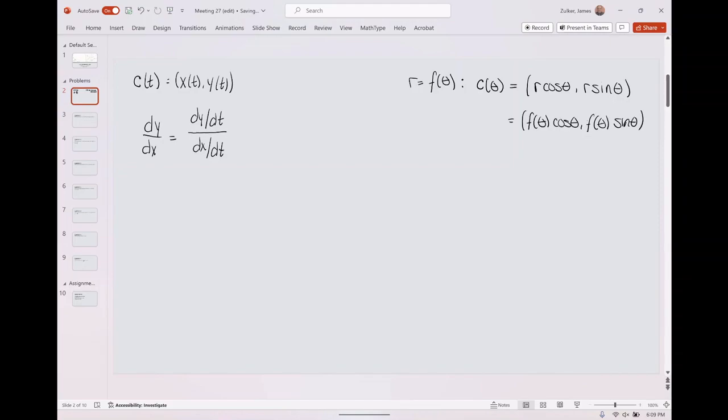R is f of theta, though. So we can think of the polar curve as a parameterized curve, specifically the parameterization f of theta cosine of theta, f of theta sine of theta. The domain of theta is going to be whatever the domain of r is.